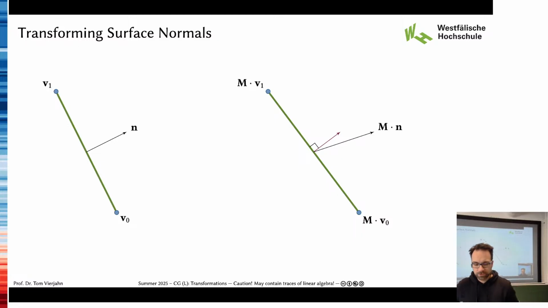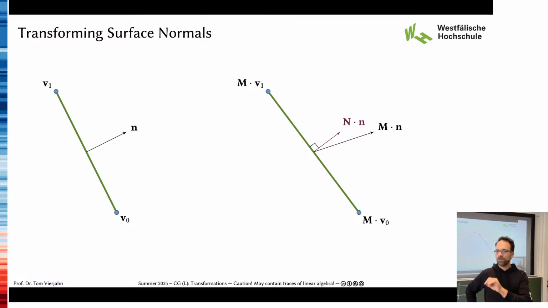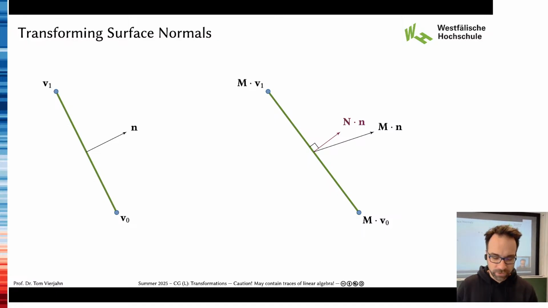So if you want to allow non-uniform scaling and shearing, you need to take care of this. You need to make sure that you have computed the normal correctly if you apply transformation.